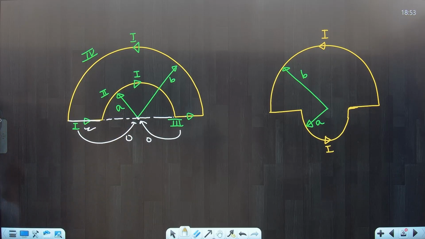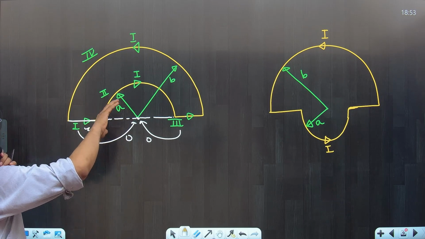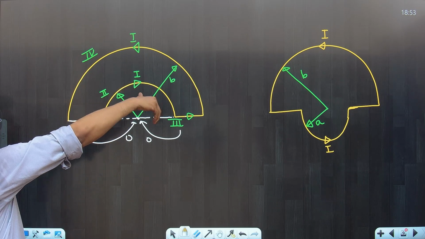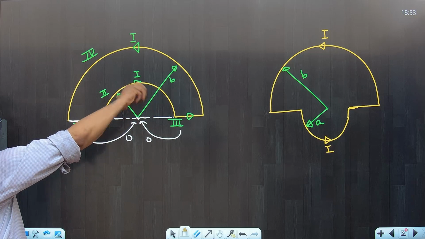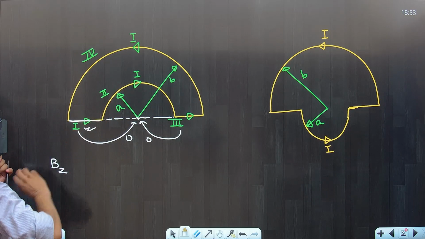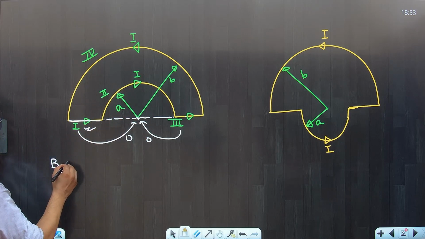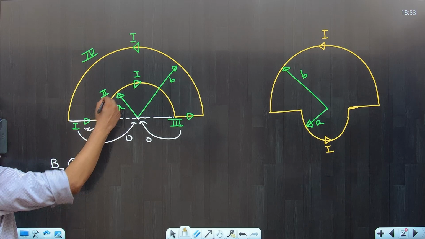There is no effect. Now we consider part 2, right? So B2 is in which direction? Curl your right hand fingers along this, then thumb goes inside. It is into the paper. How much? It is half circle.